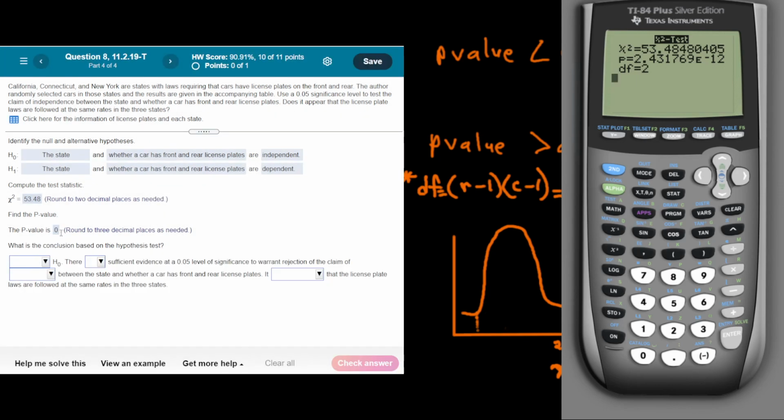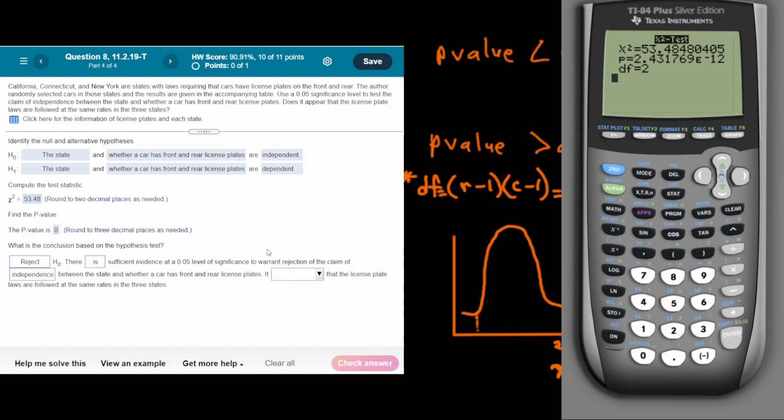Okay, so the p-value is less than your significance level, which is right here, 0.05. So you're going to reject the null. There is enough evidence to support the claim of independence. I'm glad something is there before I even read it. Between a state and whether a car is blank, it appears that the license plate laws are followed at the same rates in the 3 states.